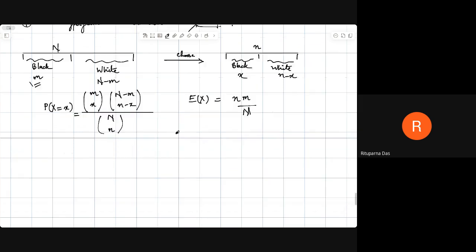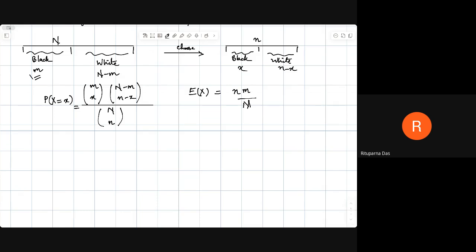Okay, so now let's look at a question for hypergeometric.